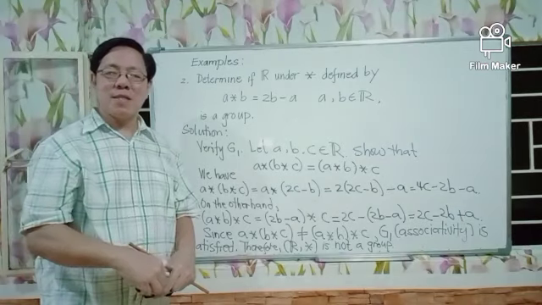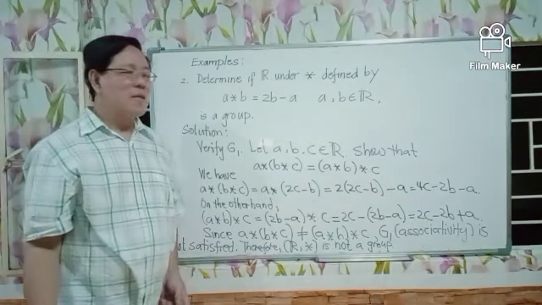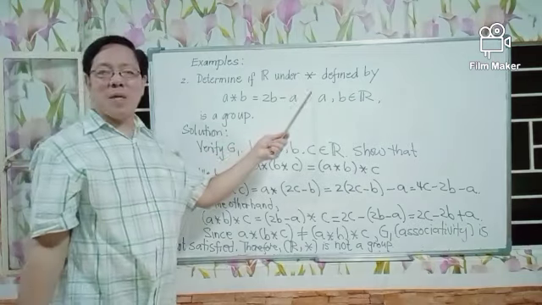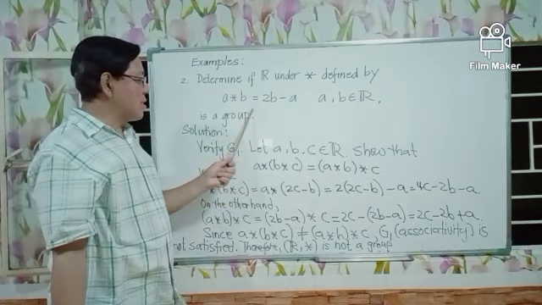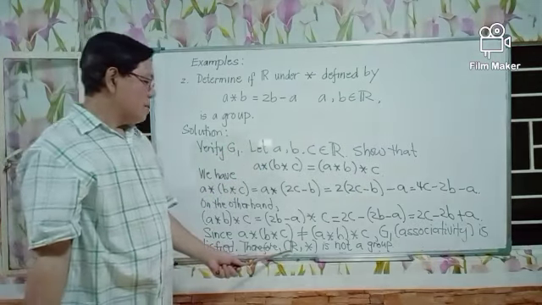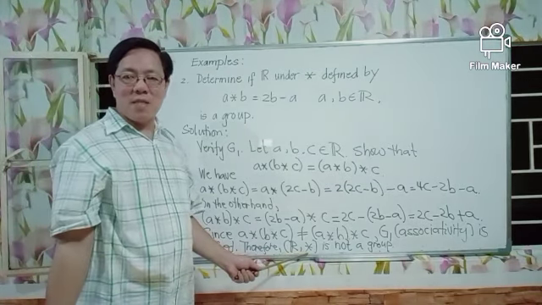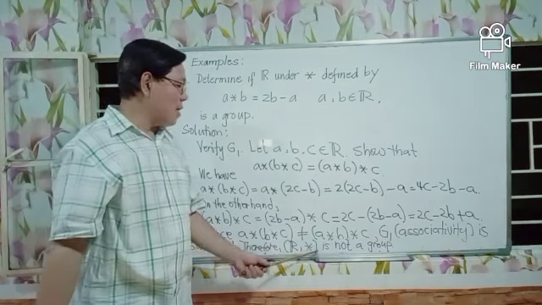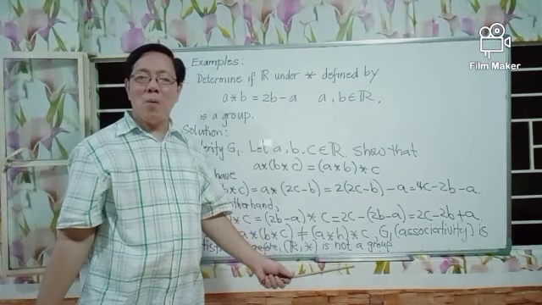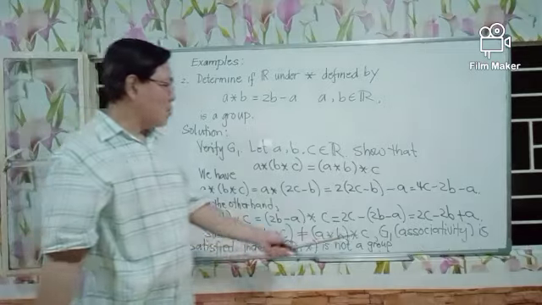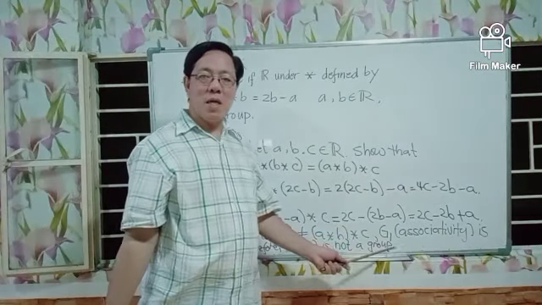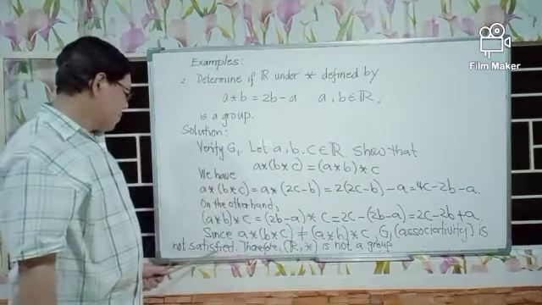Our conclusion is that the set of real numbers under this binary operation star defined by this formula is not a group. The set R together with this binary operation star is not a group. Our reason is that associativity, or G1, is not satisfied.